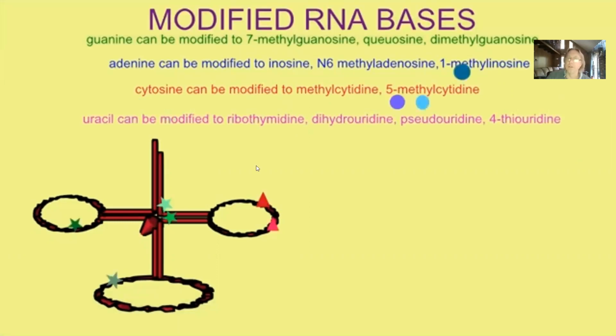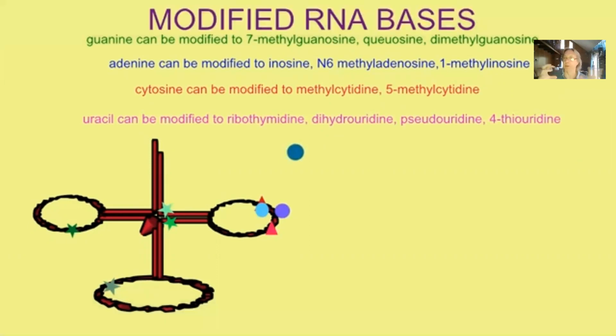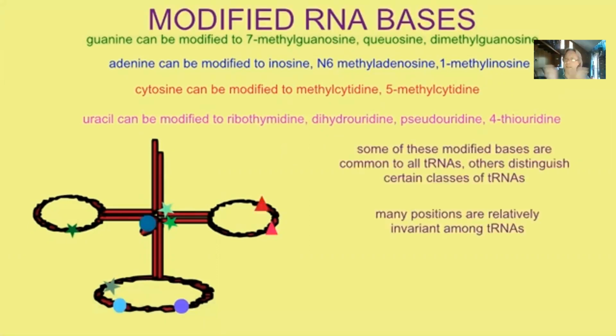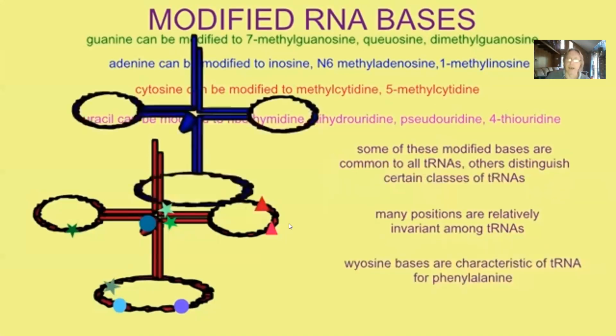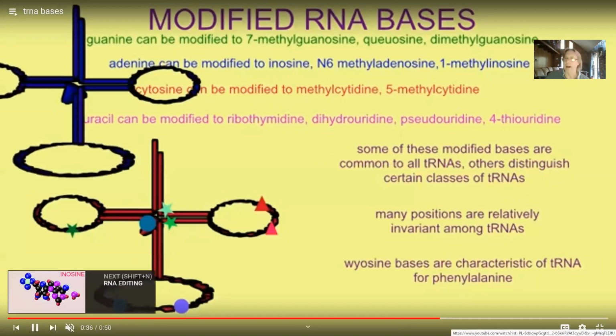You can make all of these variants. These variants are one of the reasons that the tRNAs have such unusual shapes, because these variants don't pair the way that, say, adenine and uracil will, or guanine and cytosine would. And so making new RNA nucleotides can certainly change.